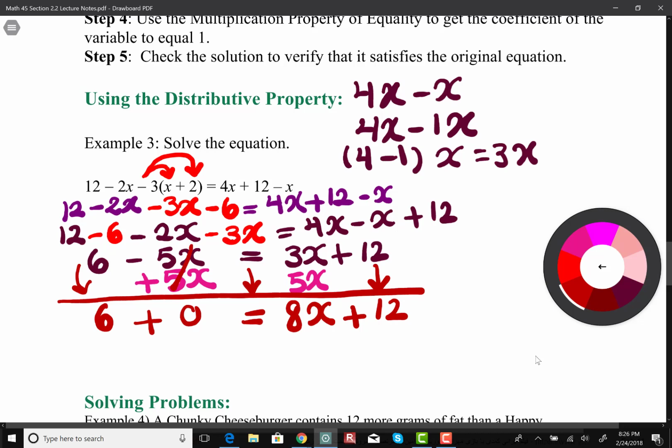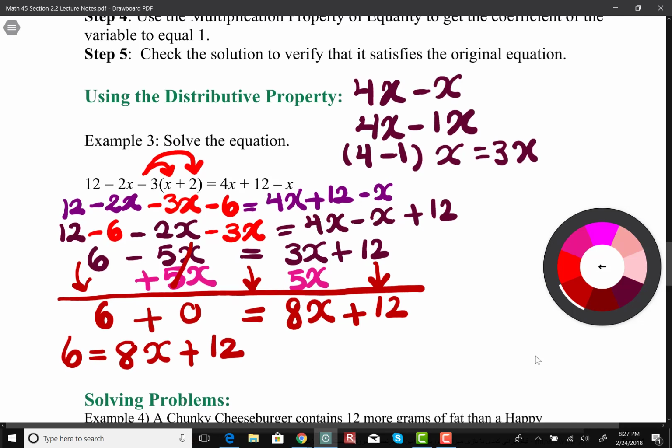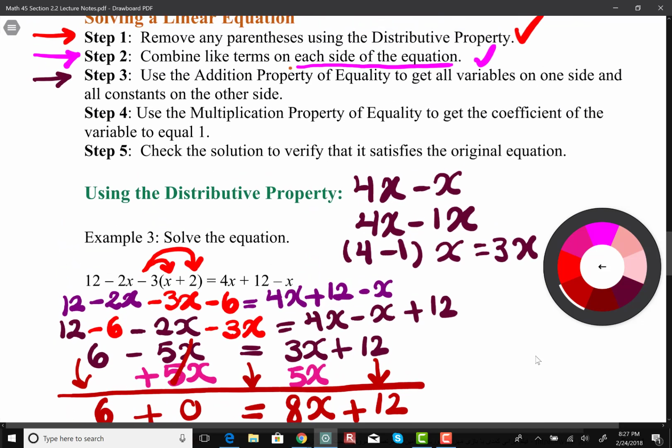Then I'm going to be rewriting this again. Remember, we're still working on this step that we're going to move all the constants to the other side.